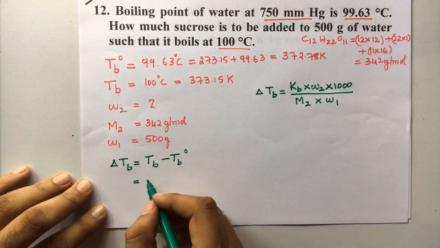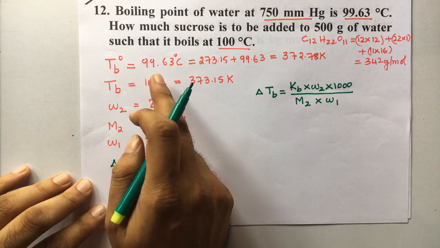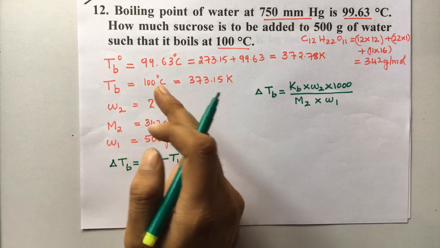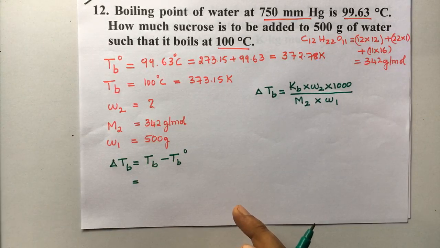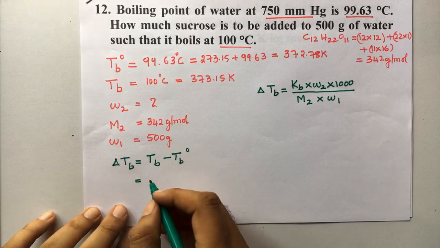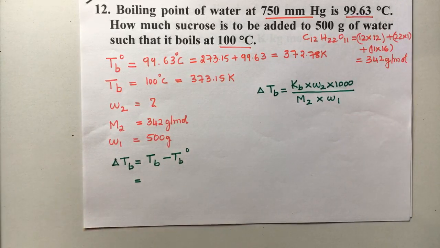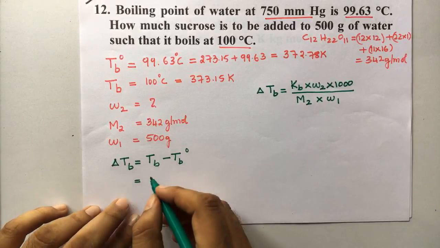Substituting the value of TB, you can take the difference of 100 minus 99.63, or you can take the difference of 373.15 minus 372.78. The value remains the same. So you can calculate the difference delta TB. Delta TB comes out to be 0.37. Let us see, use the calculator, 373.15 minus 372.78. This is equal to 0.37.